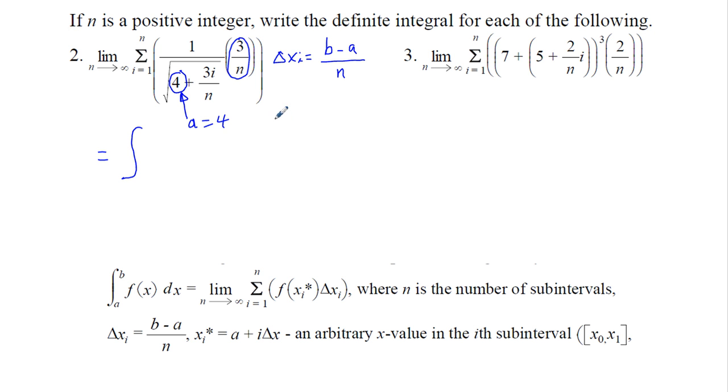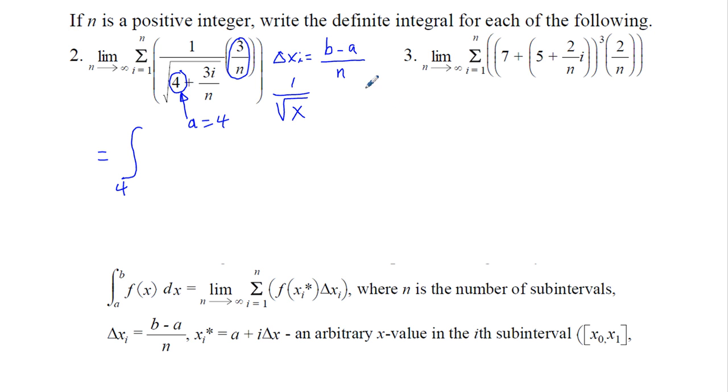So we're going to have, our function is going to be 1 over square root of x. Okay. So we're starting with our value of a down here, which is 4. And then b minus a is in the numerator here.